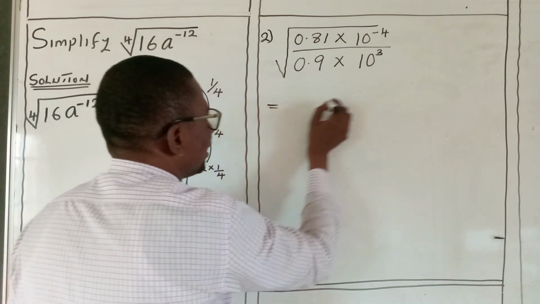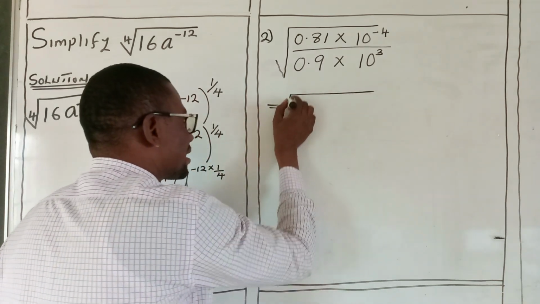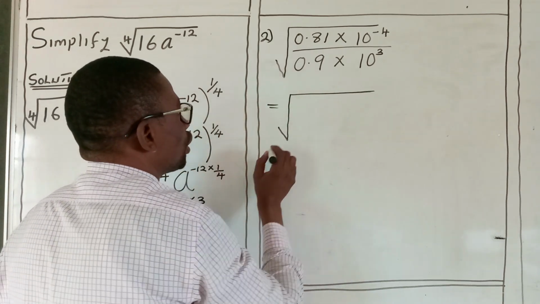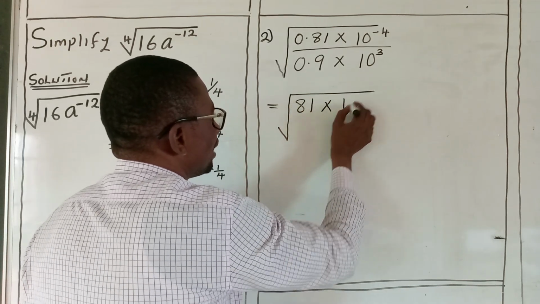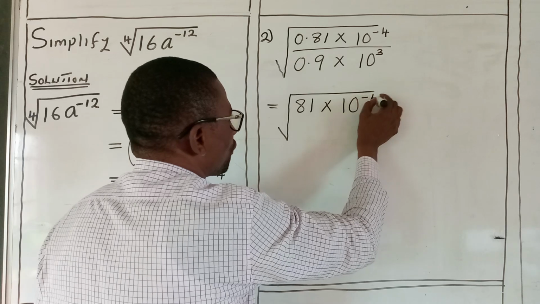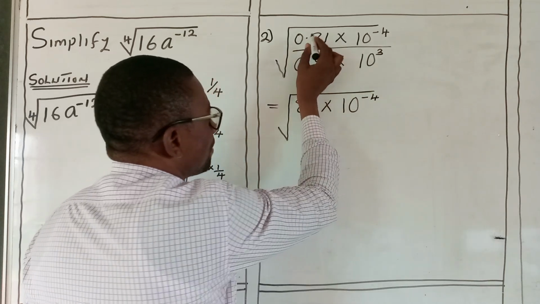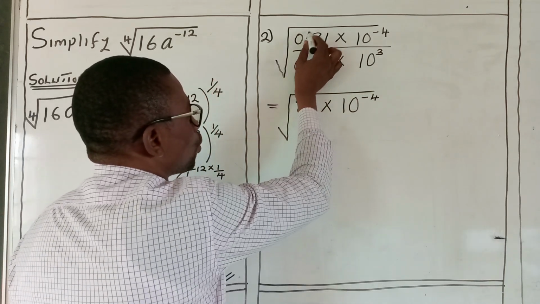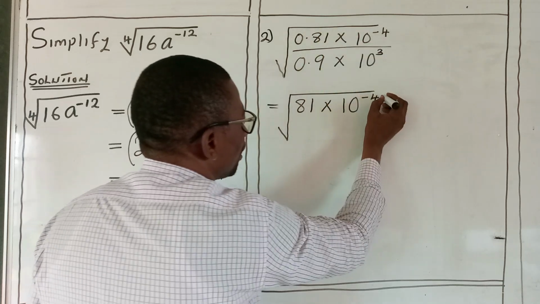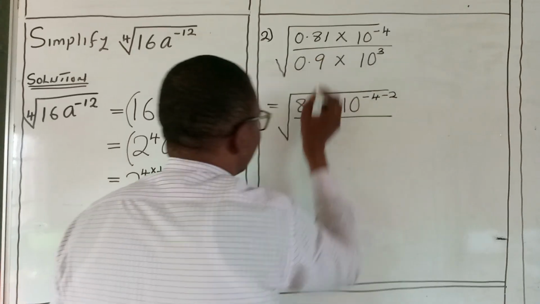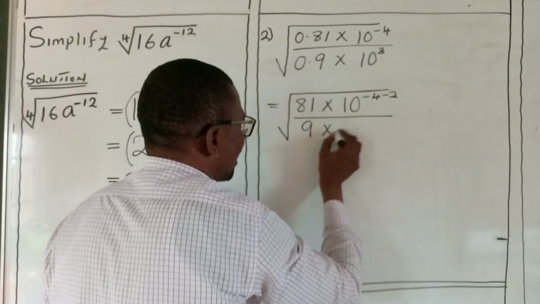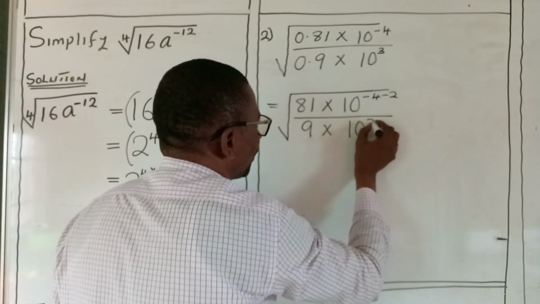Now with that, our next expression is going to be 81 times 10 raised to power minus 4. How many times do we move the point out? 1, 2, minus 2, divided by 9 times 10 raised to power 3.